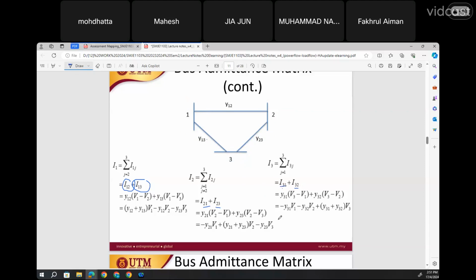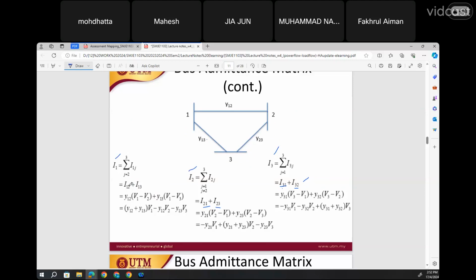So how do we, from this network, further derive our equation? Because our main objective here is to get the admittance matrix. So here is the equation that we have. Since we have 3 bus bars, we expect to have 3 equations for this network.